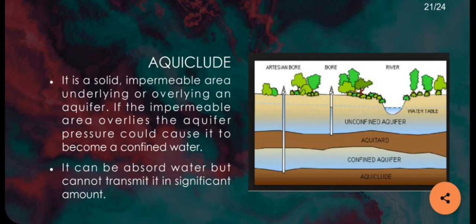It can absorb water but cannot transmit it in significant amount. So, an aquiclude may be defined as a geological formation of a relatively impermeable material which permits storage of water but is not capable of transmitting water through it.